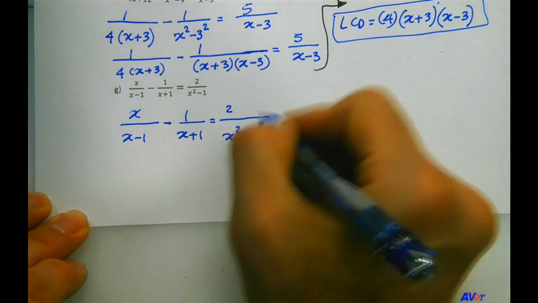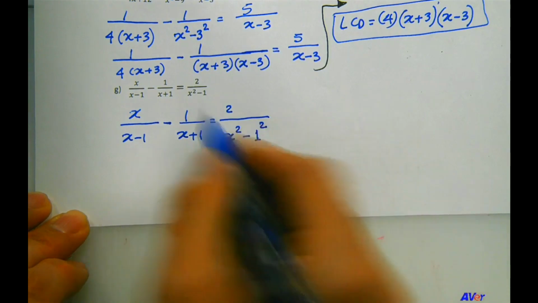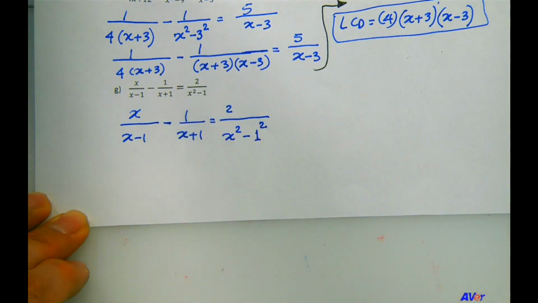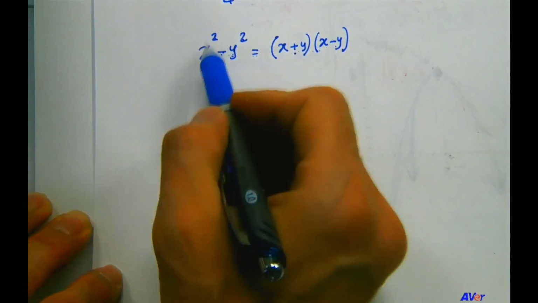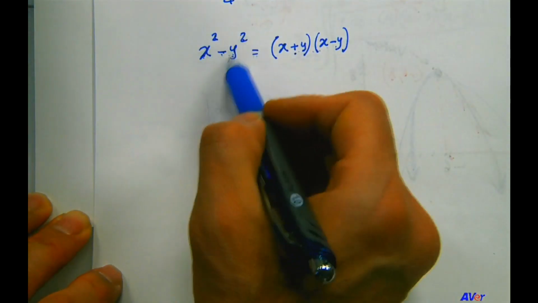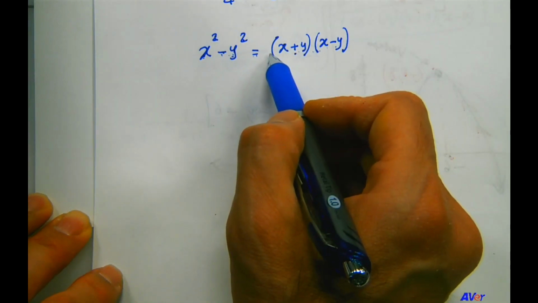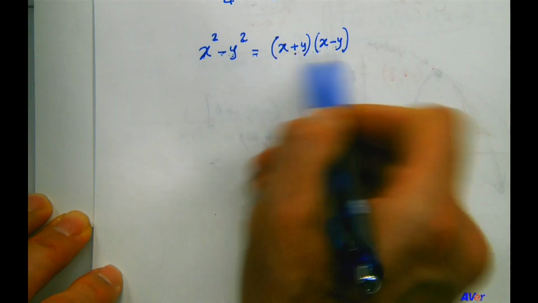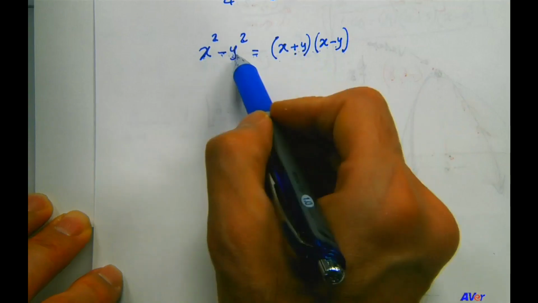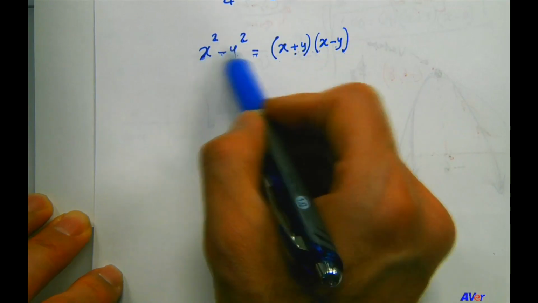So once again, we're able to write the denominator in this form, a perfect square minus another perfect square, which we know gets factored in this form: x plus y times x minus y.